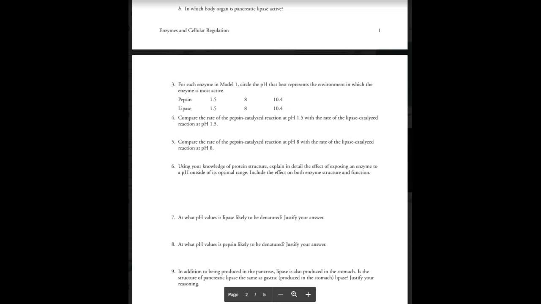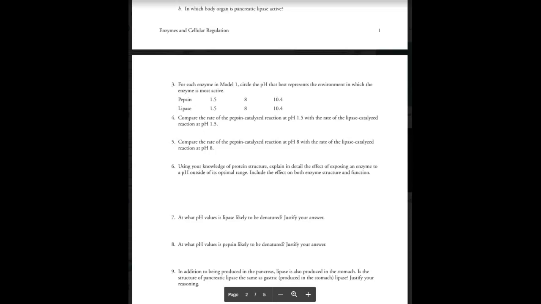As we can see, the pepsin and the lipase have very different pH ranges in which they work. So we would expect that even though it's a lipase, if it primarily lives and works in the stomach, it would need to work in stomach pH ranges, okay? So it must have a structure probably more like pepsin, right? Or at least one that would allow it to work in an acidic environment.